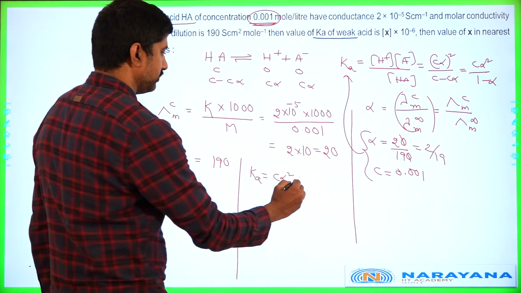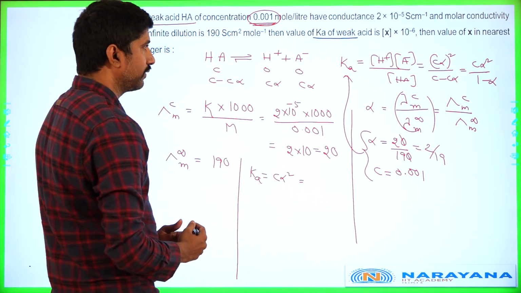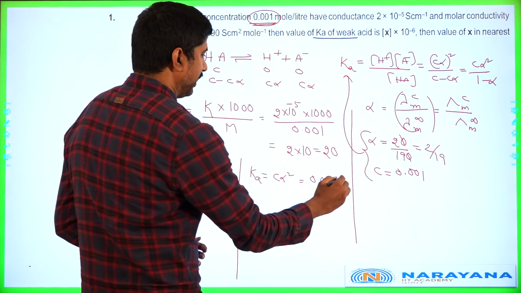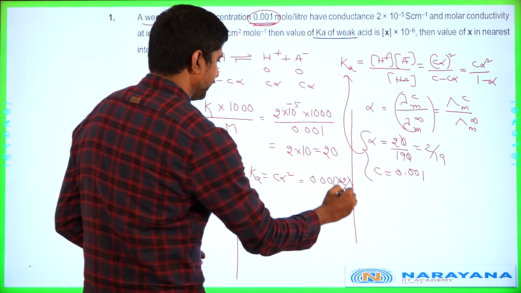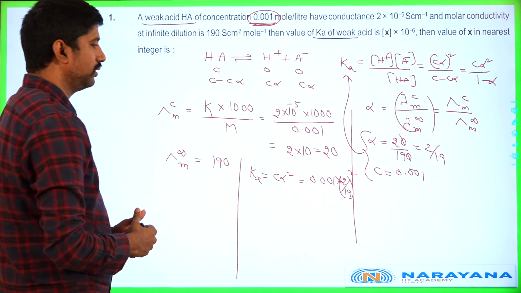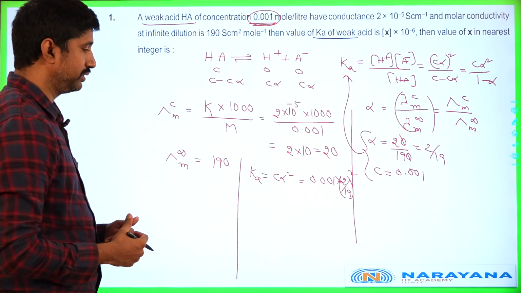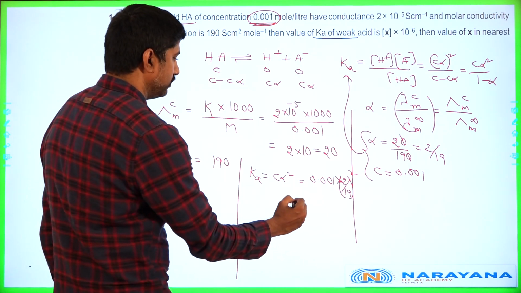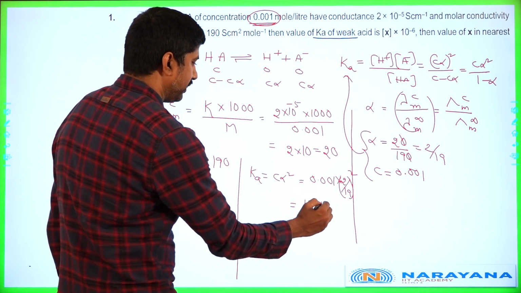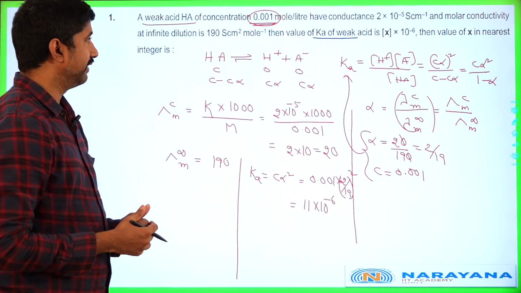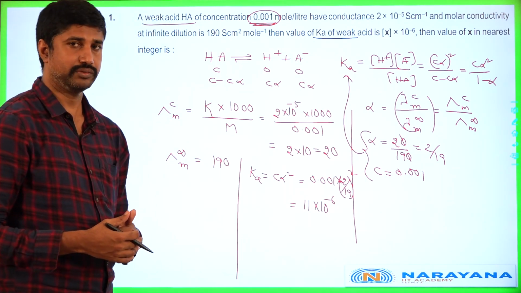Ka is equal to 0.001 into the alpha value, 2 by 19 whole square. On simplification, the nearest value is 11 into 10 power minus 6.